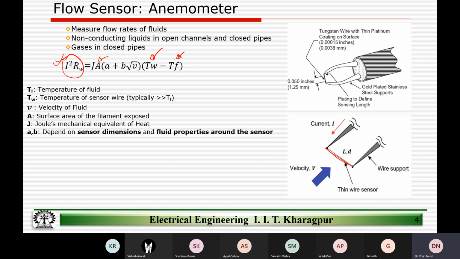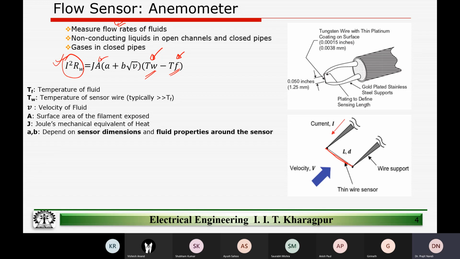Please understand that we are interested in measuring the flow, not the temperature. In a complicated overall system, we might actually end up measuring the temperature of the fluid as well. But as of now, we'll keep things simple. We will assume that the temperature of the fluid is known to us and is not varying.